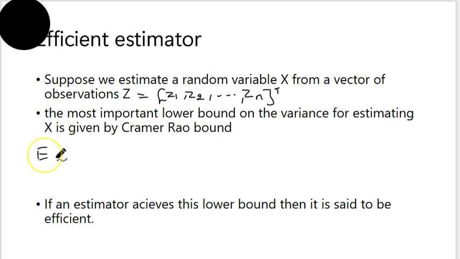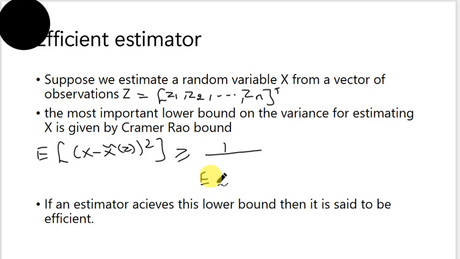That is, E of x minus x tilde of z the whole squared should be greater than or equal to 1 divided by expectation of dou ln by dou x of probability of z given x, the whole squared.